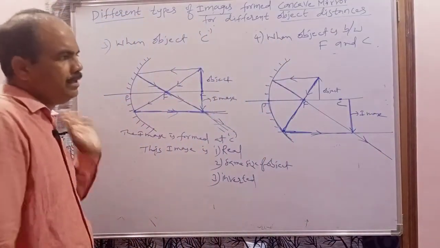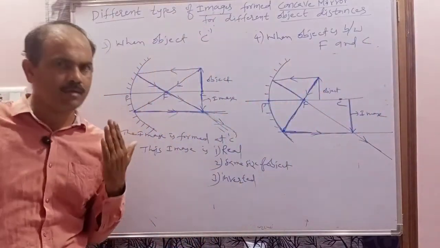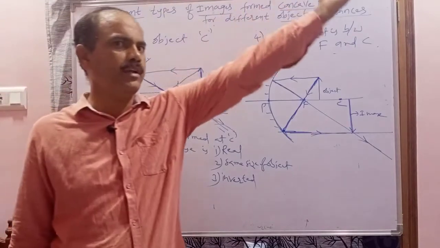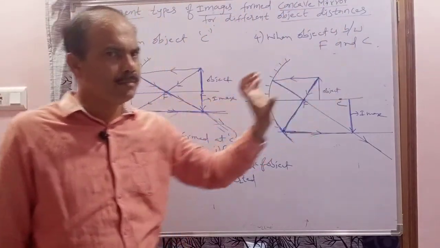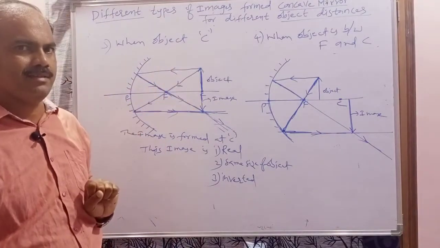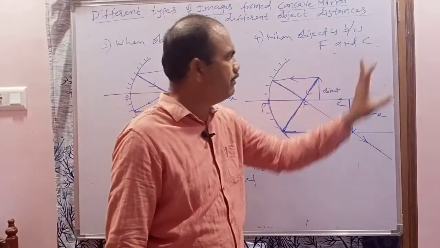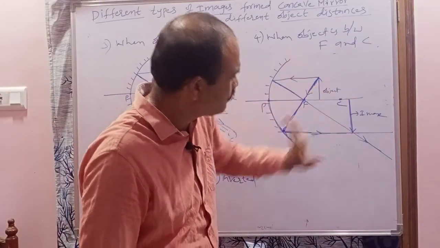Now when we observe, when the object approaches the mirror, what do you observe? When the object is at infinity, highly diminished. When the object is beyond C, diminished. When the object is at C, same size. Now when the object is between F and C, what is happening? This is the size of the object, this is the size of the image.